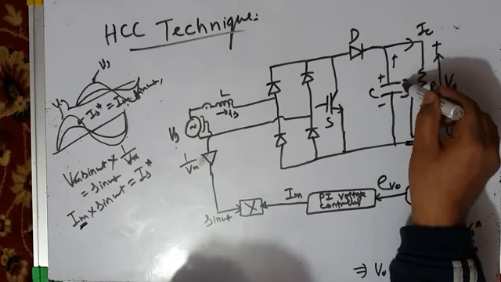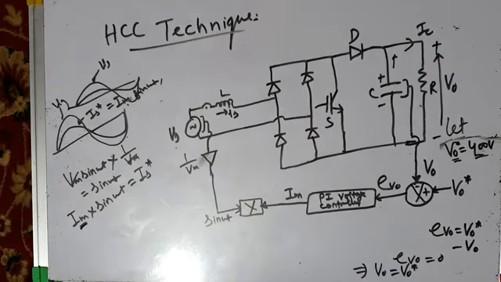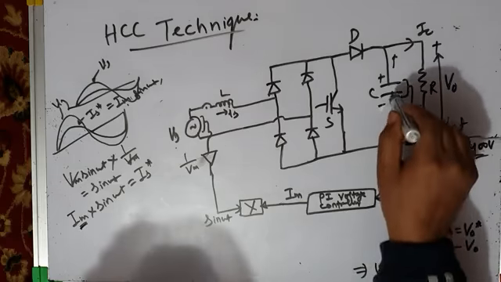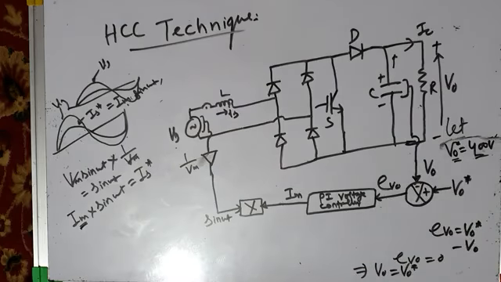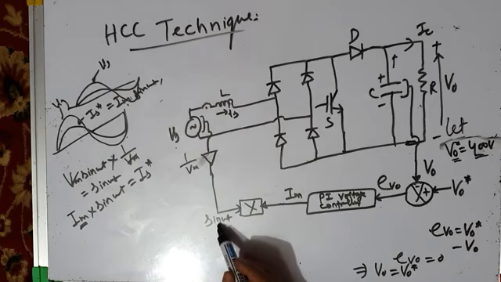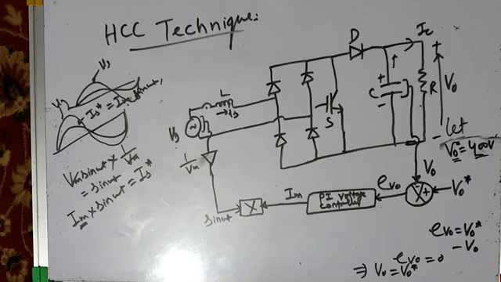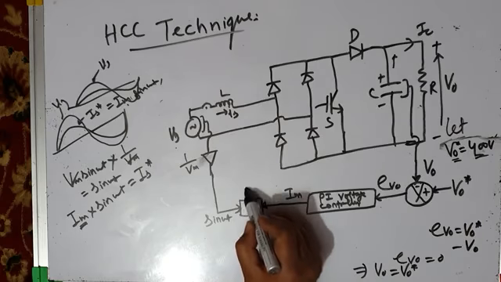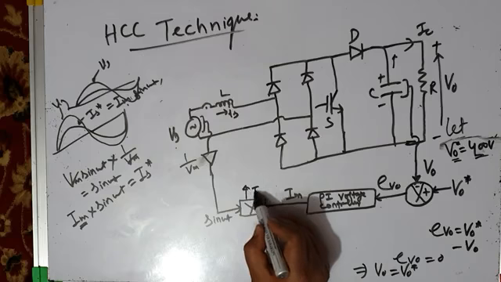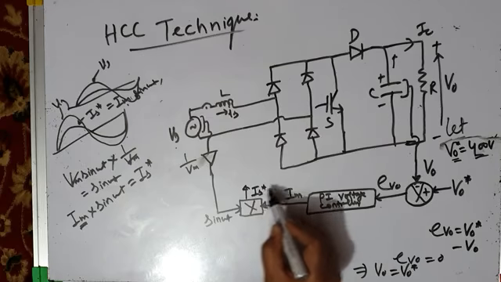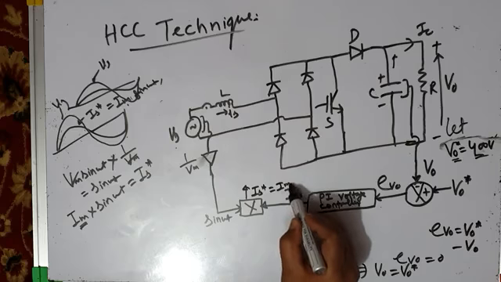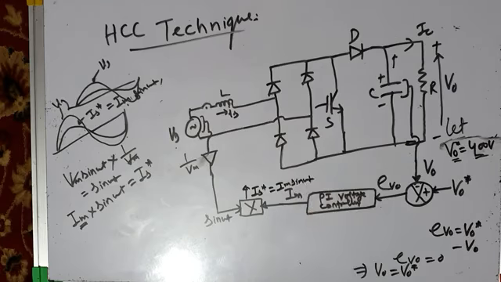Suppose your capacitor is supplying energy to the load during the energy storage interval, and during that period the capacitor discharges, its voltage drops, and an error comes. The PI voltage controller processes this error, and at its output it gives a control signal Im. Im we are multiplying by sin omega t, so your reference current becomes Im sin omega t. This is your reference current, Is star equal to Im into sin omega t.